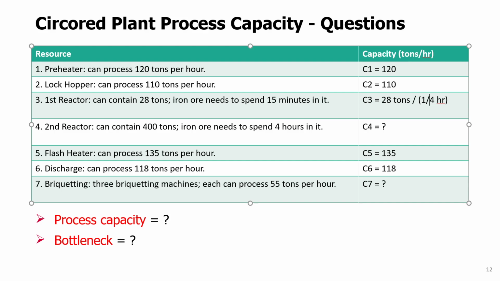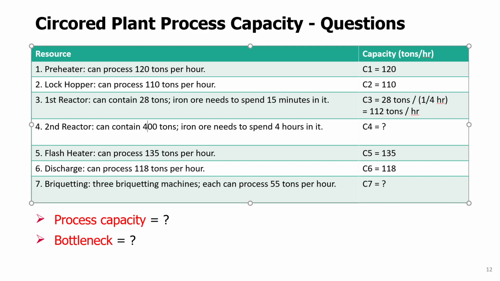So this is like 28 multiplied by 4 tons per hour. So 28 times 4 is 112 tons per hour. So we've determined step 3 capacity.